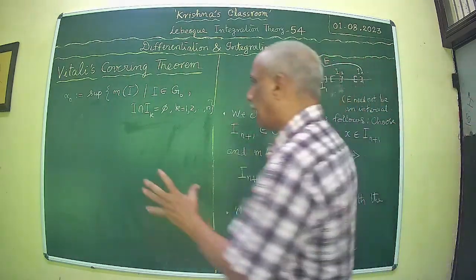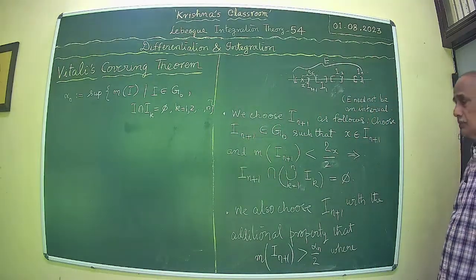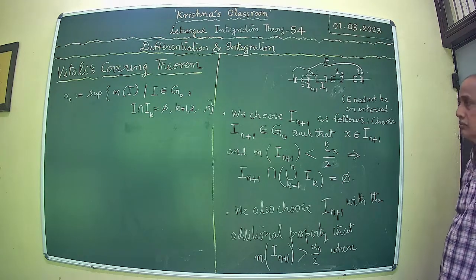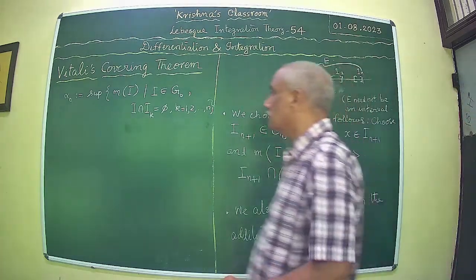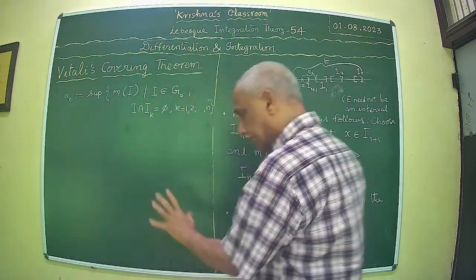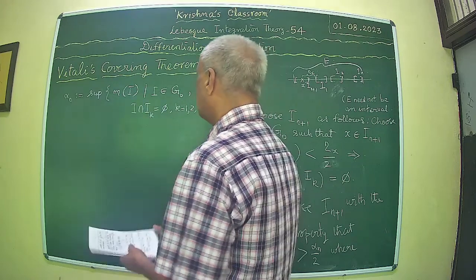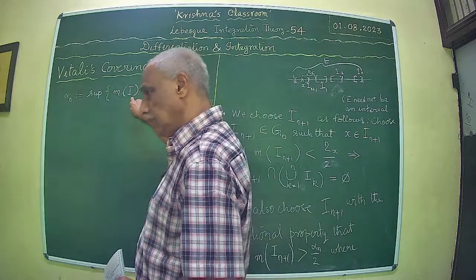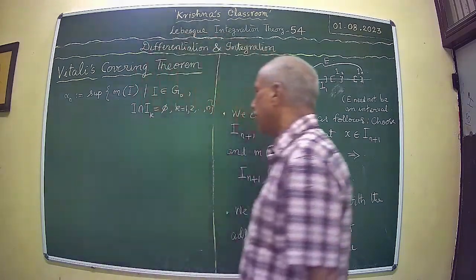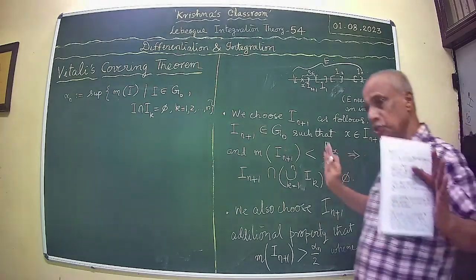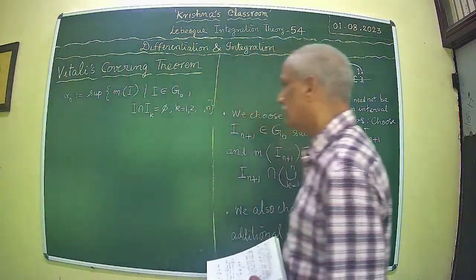So you are having a collection of closed intervals belonging to G naught. Each one has a measure, so it's a bounded collection. Now you are taking the supremum of the measure of I, an arbitrary interval in this collection, with the property that I intersection Ik is empty for k equal to 1 to N. That means those intervals which do not intersect I1, I2, ..., IN.